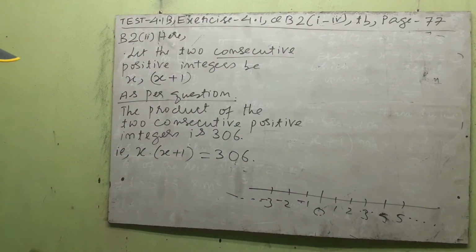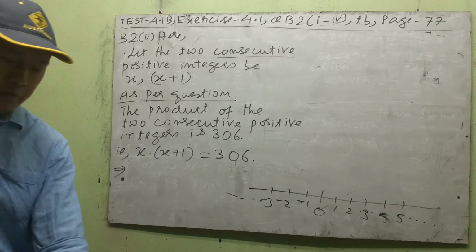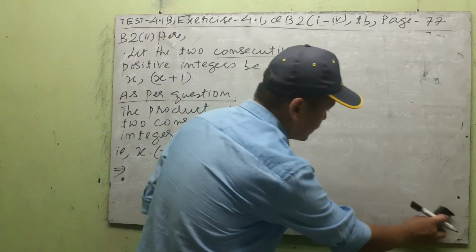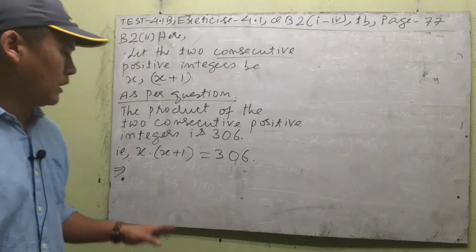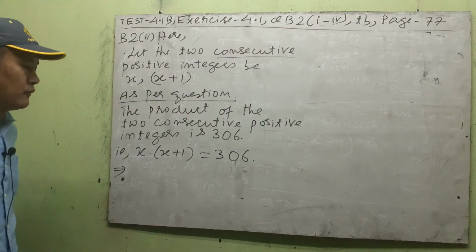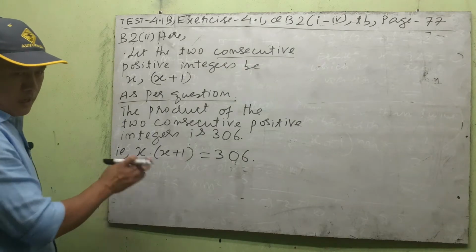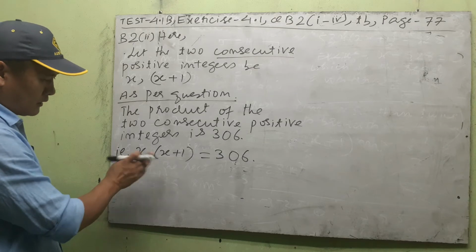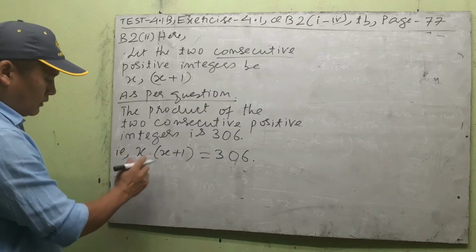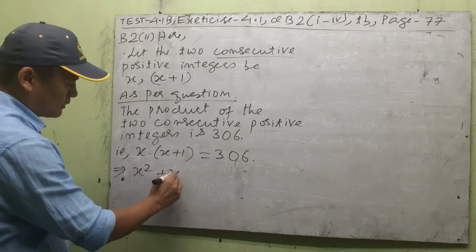Let us simplify to get the quadratic equation, which we are required to do. The question is saying form the quadratic equation, assuming you are going to find the two integers. But we don't need to find and solve for the values of those two integers. We need to form the quadratic equation underlying the question. x into x is x square, plus into plus is plus, x ones are x.